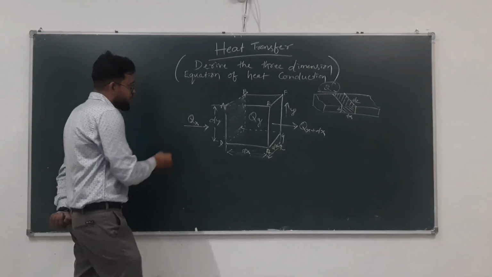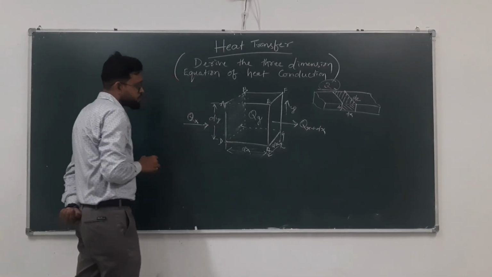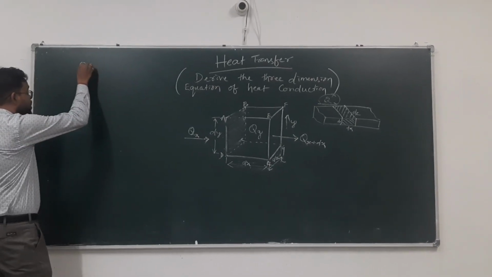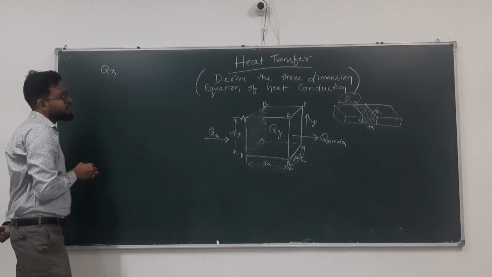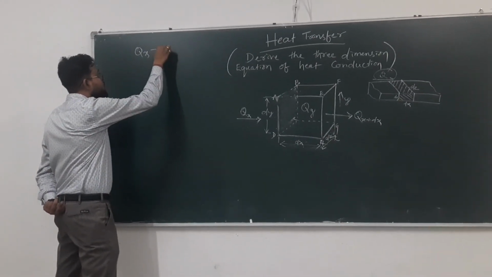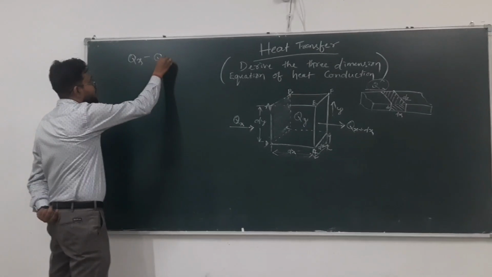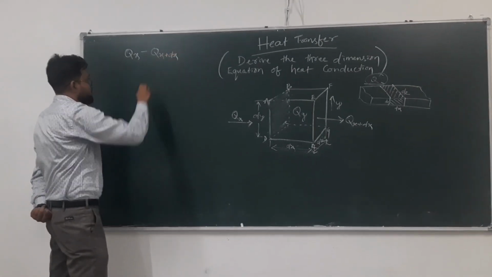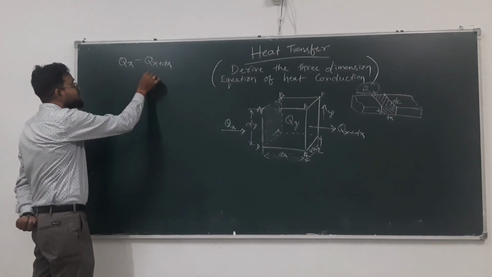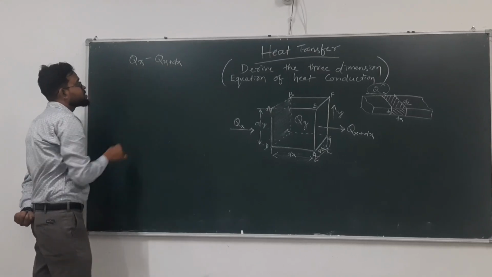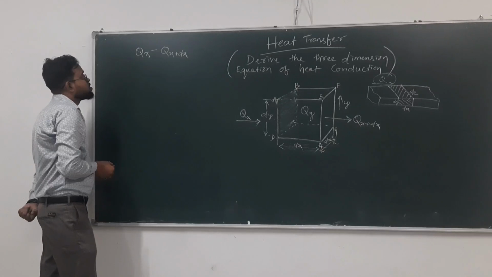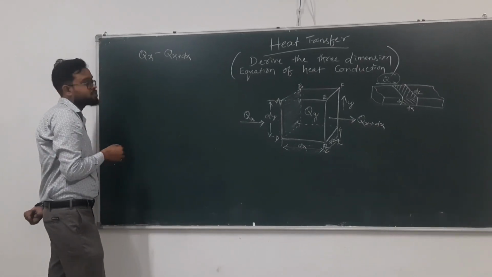Now we will calculate Qx minus Qx plus dx. This is the amount of heat supplied and this is the output of heat. From Fourier's law, we know the value of Qx.